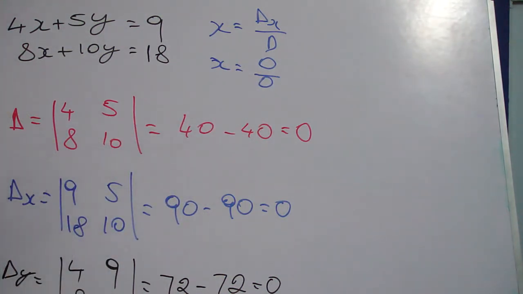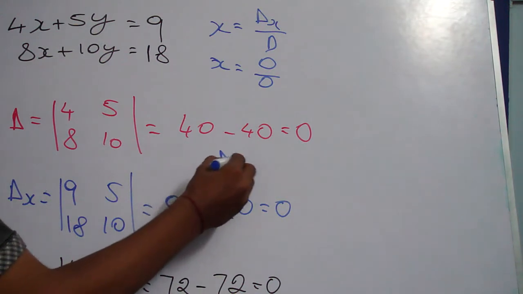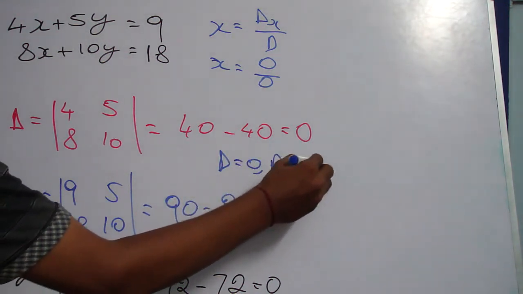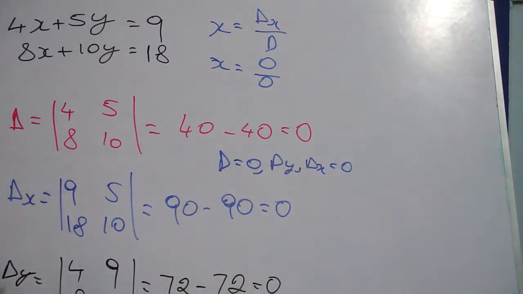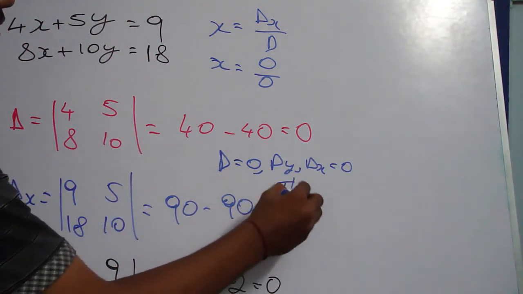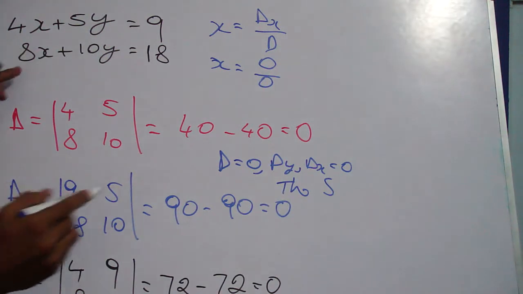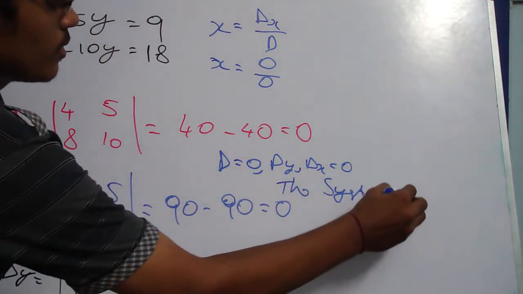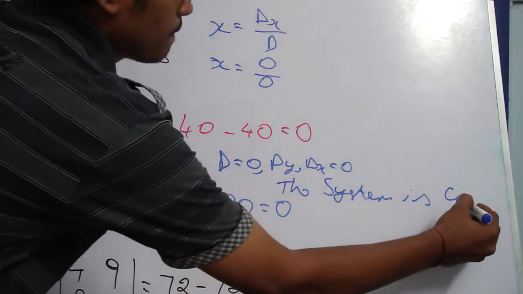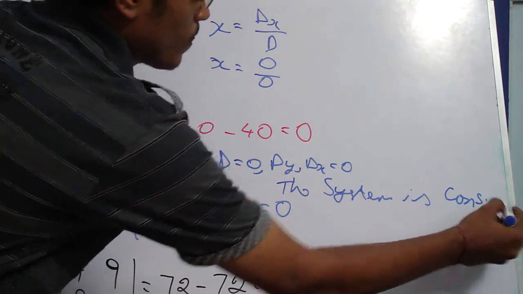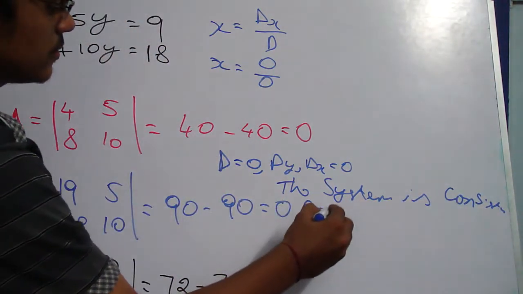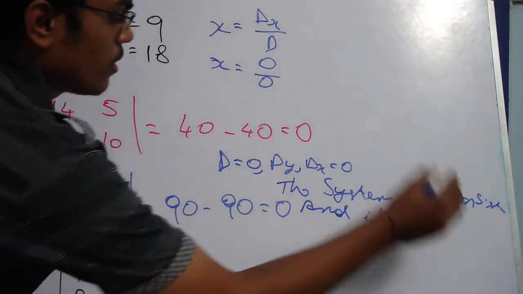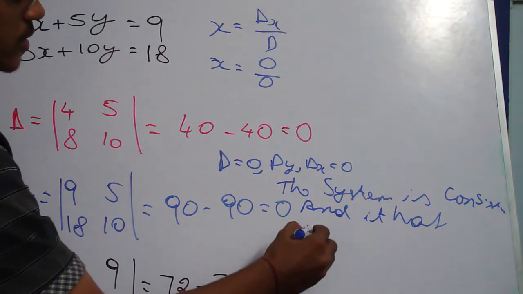According to Cramer's rule, if delta is equal to 0, del x and del y are equal to 0, the system is consistent. The given non-homogeneous system is consistent and it has infinitely many solutions.